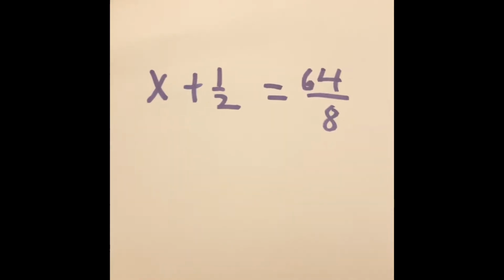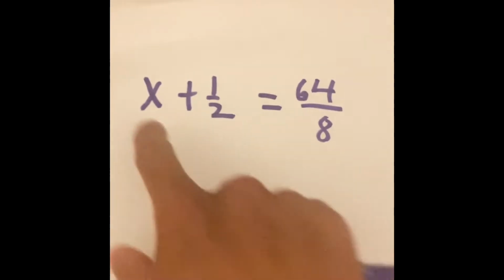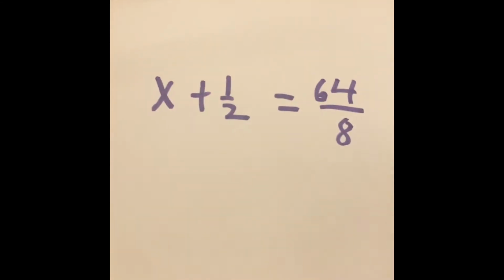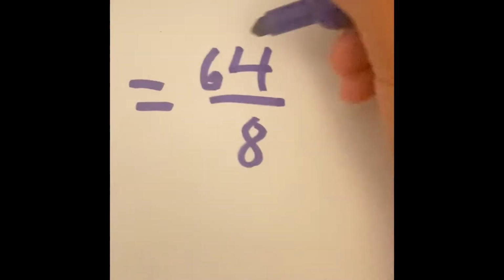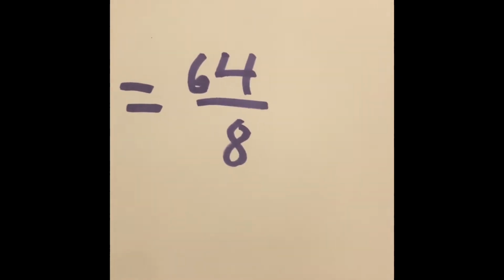So, the first thing that we can do right here is we don't have a coefficient in front of the variable. What we do see is something that doesn't seem to be normal. 64 over 8 is known as an improper fraction.